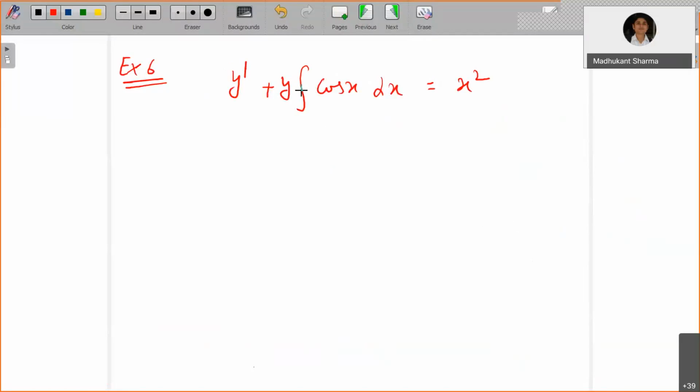The very first thing I can tell you is that this is not a differential equation, because it doesn't only involve the derivative, it also involves an integration somewhere.